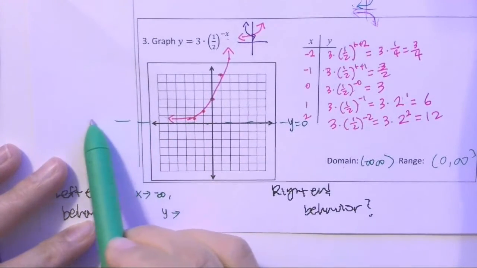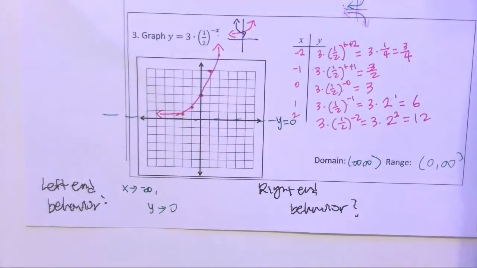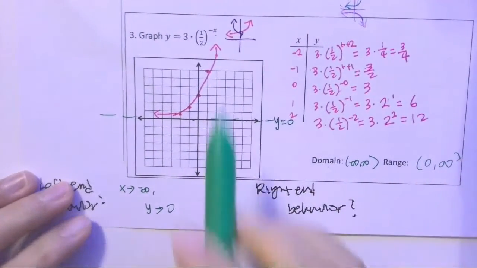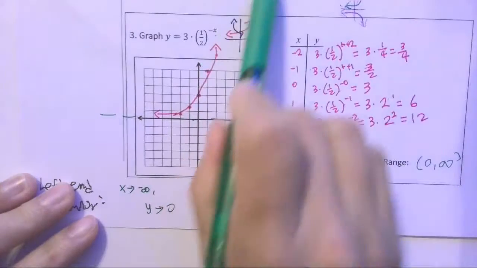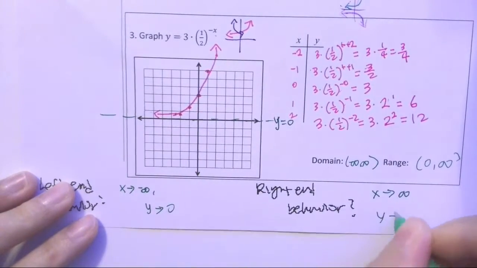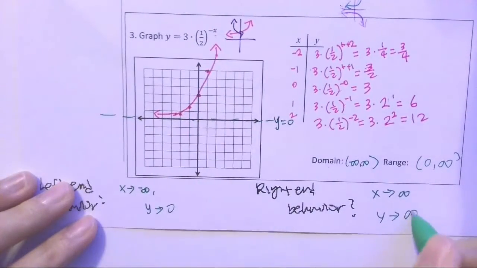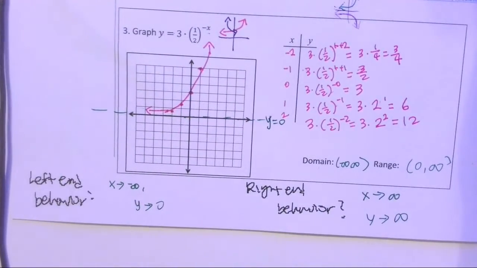It's going to get closer, closer, closer to 0. So that's how you do the end behaviors. Right-hand behavior: what's going to happen to x as I go to the right? X is going to go to +infinity. Where's your y going as I go to the right? Your y is going to go to +infinity as well.